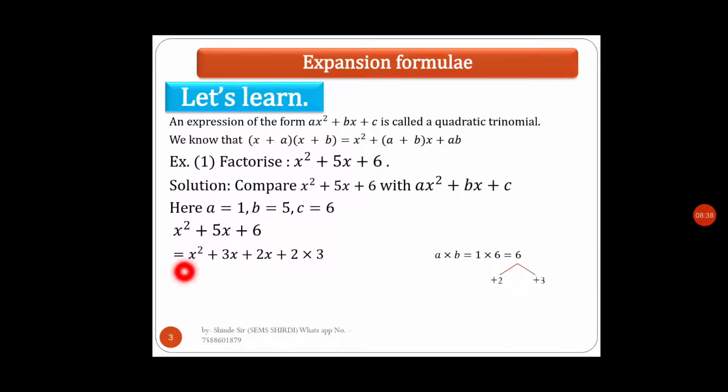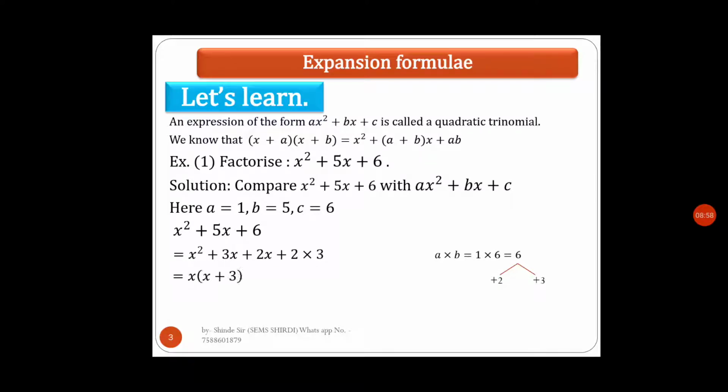Now we write 6 as 2 into 3. We consider the first 2 terms and the last 2 terms. The first 2 terms are x square plus 3x. In this x square plus 3x, which is the common factor? x is common.